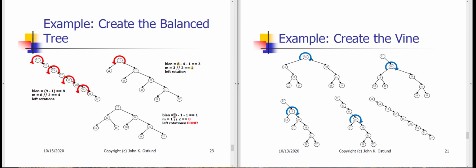And now I calculate my new backbone length and my new M. Well, the backbone length is now the 3 that I had from the previous one, minus 1, the rotation that I did, minus one more is 1, and the floor division of 1 over 2 is 0. So we're done. We have done the number of left rotations that we need to do.